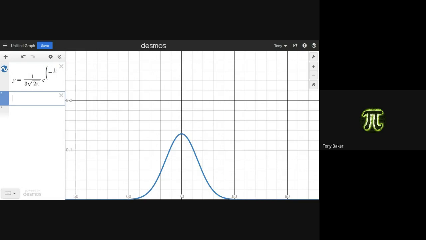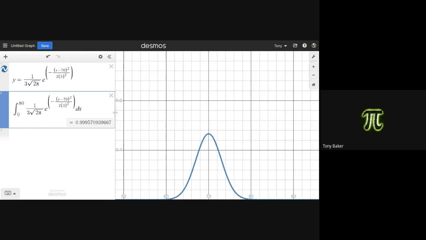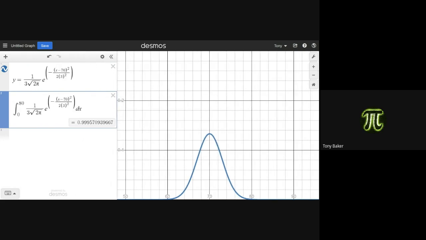Let's see if I can just do this. Yeah, I'll just copy the formula. Okay, you might just need parentheses there. That works. All right. So what this is giving me is the percentage of the population that is under 80 inches tall for males.